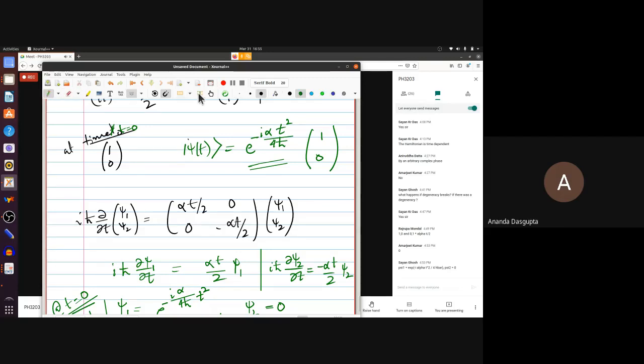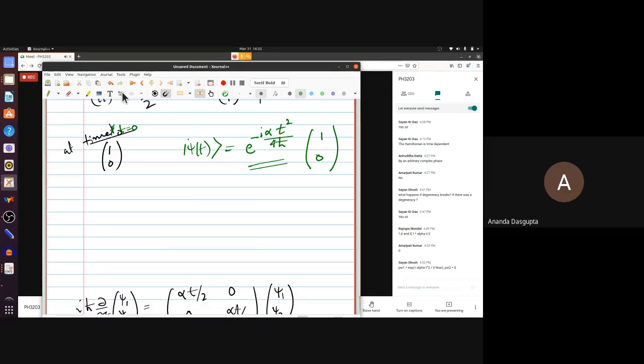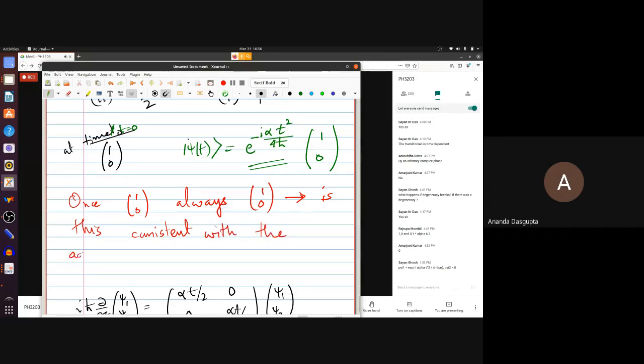So now comes the actual question. By the way, it doesn't have to be at t equal to 0.